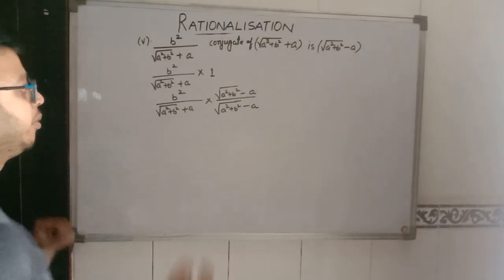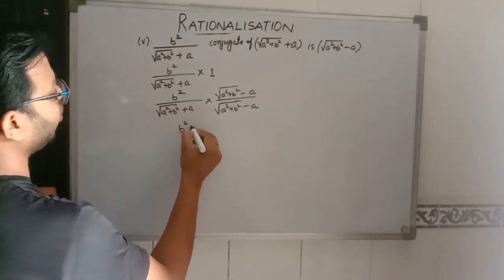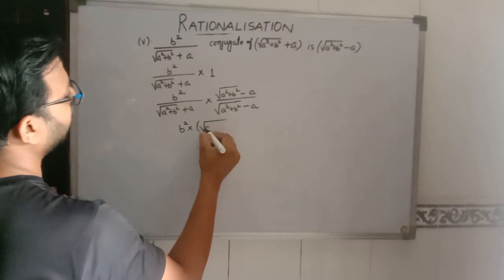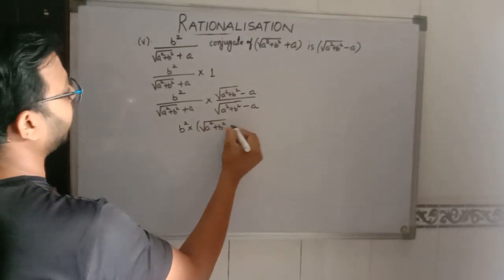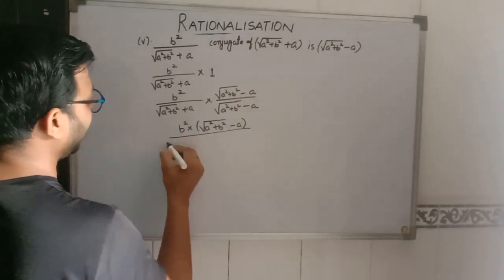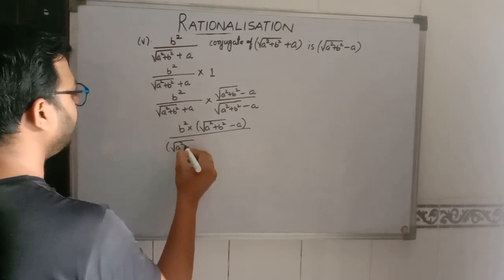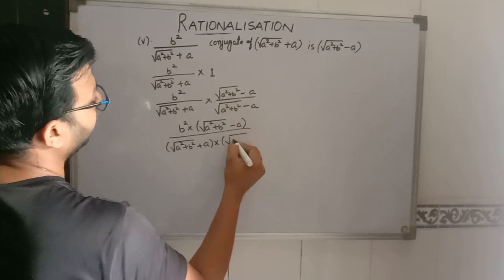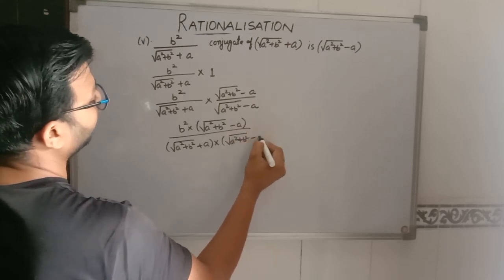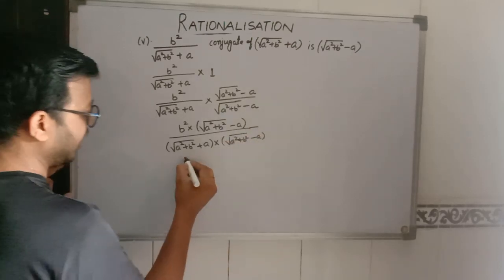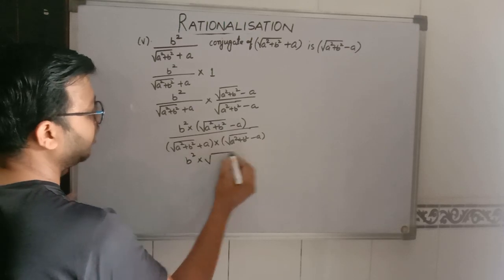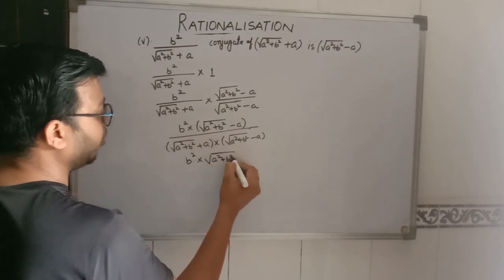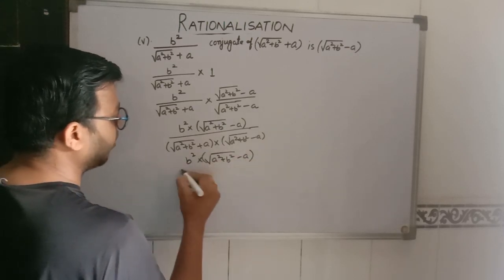In the numerator, b square will get multiplied by the same number, root a square plus b square minus a. And in the denominator, root a square plus b square plus a multiplied by root a square plus b square minus a. In the numerator, right now don't multiply, because you have some steps to solve in the denominator. After solving, you can multiply.